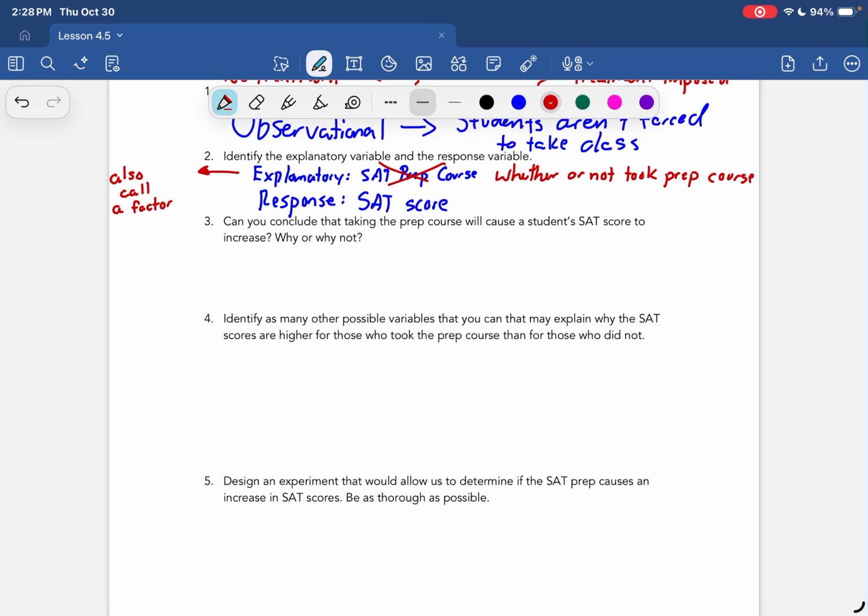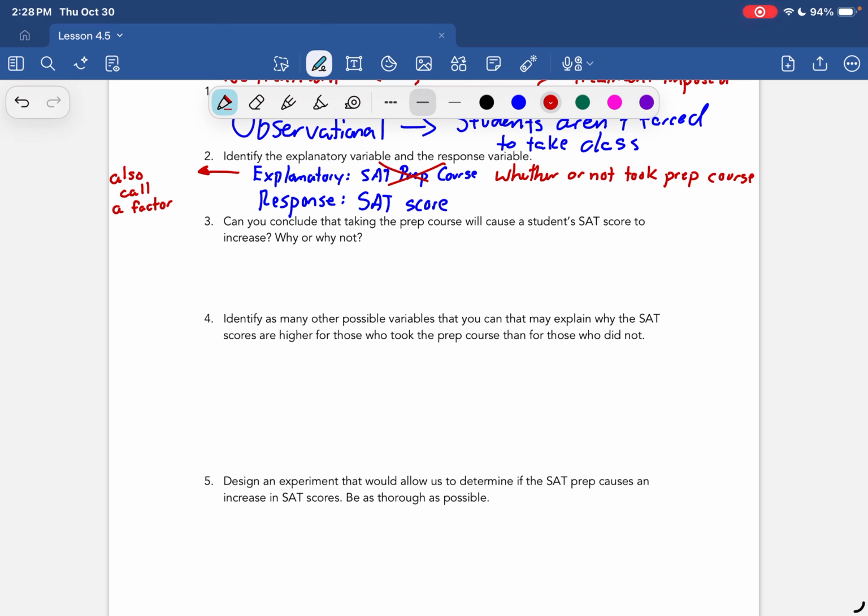Okay, next. And this is a big one here, and we're going to hit it hard. We need to make sure we have this idea of, can we conclude that taking the prep course will cause a student's SAT score to increase? Now, could that be one of the reasons?